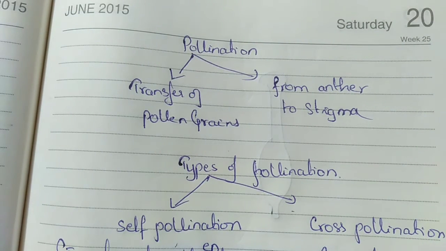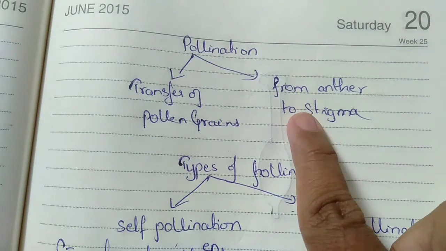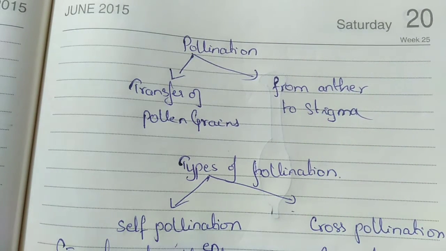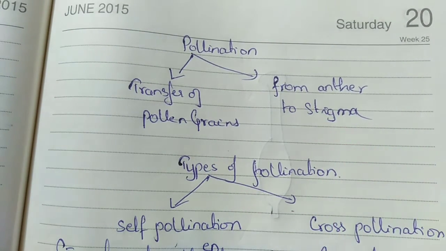This is totally done by insects, okay, bees. Let me repeat it. There is a flower, and in it we have a yellow thing. The insect will go and sit there. When it tries to pick up that pollen, the pollen sticks to the insect and is carried along with it. When the insect moves to another flower, or it might be the same flower, and sits on the stigma, the sticky part, the pollen sticks to that stigma.